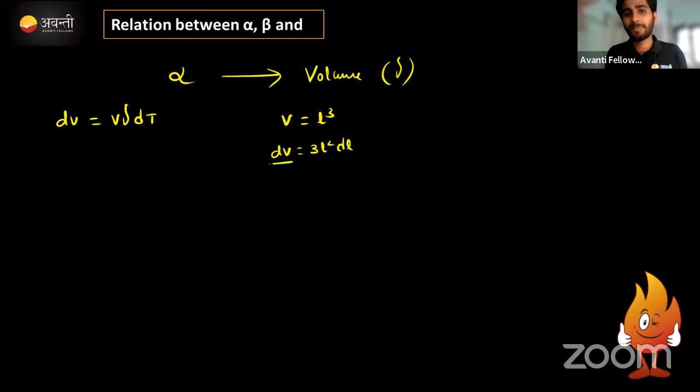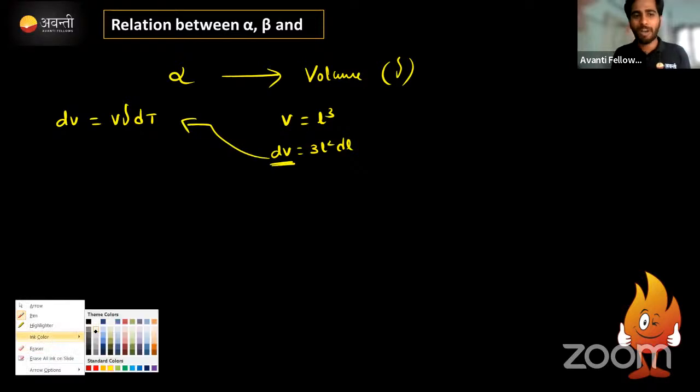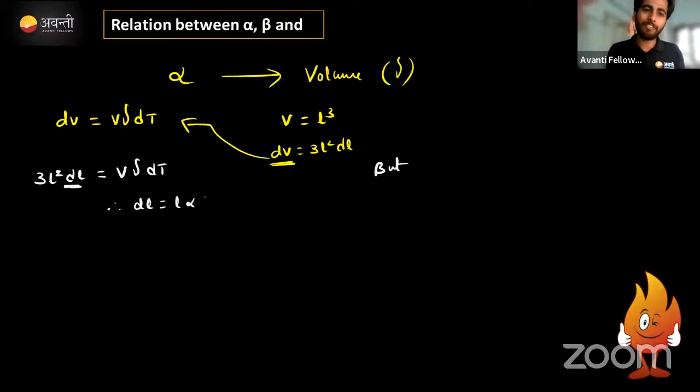Correct now? Now substitute this value in this equation. Substitute on the left hand side. After substitution, you will get 3L square dL is equal to V gamma dT. But guys, here we have dL, and for dL we know an equation, what is that? dL is equal to L alpha dT.